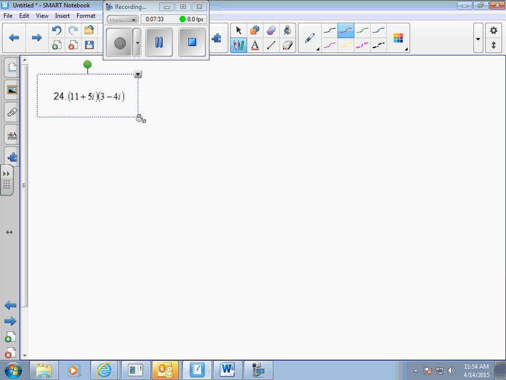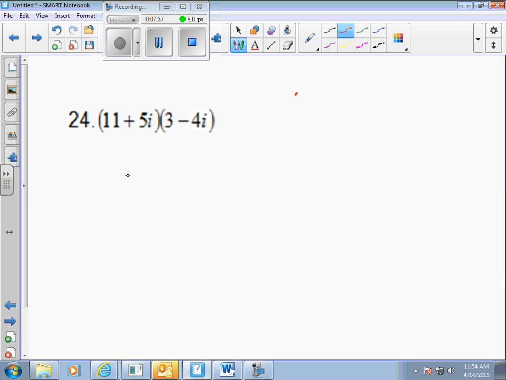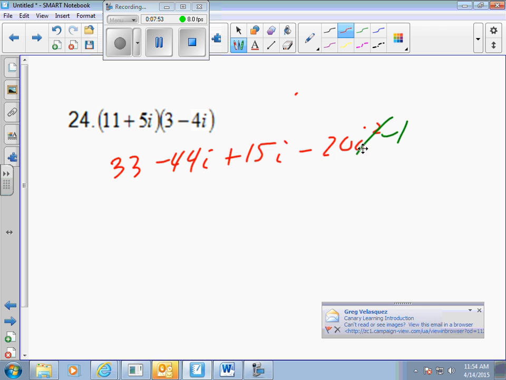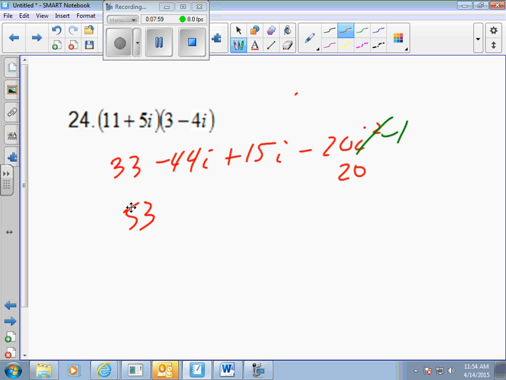On 24, we have a binomial times binomial, so we're going to FOIL. First times first, outside times outside, inside times inside, and last times last. Remembering that i squared is -1, I get -20 times -1 is positive 20. 20 plus 33 gives me 53.